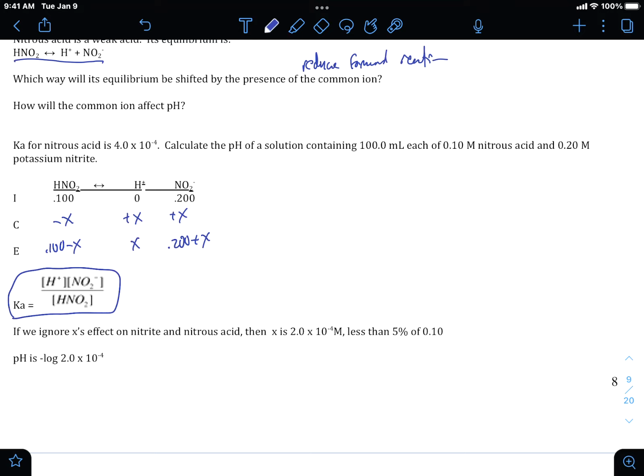So with substitution, 4.0 times 10 to the minus 4 is equal to x times 0.2 plus x over 0.1 less x. If we ignore the effect of the x's, just to simplify this, x is 2.0 times 10 to the minus 4. So the pH is going to be 3.70.